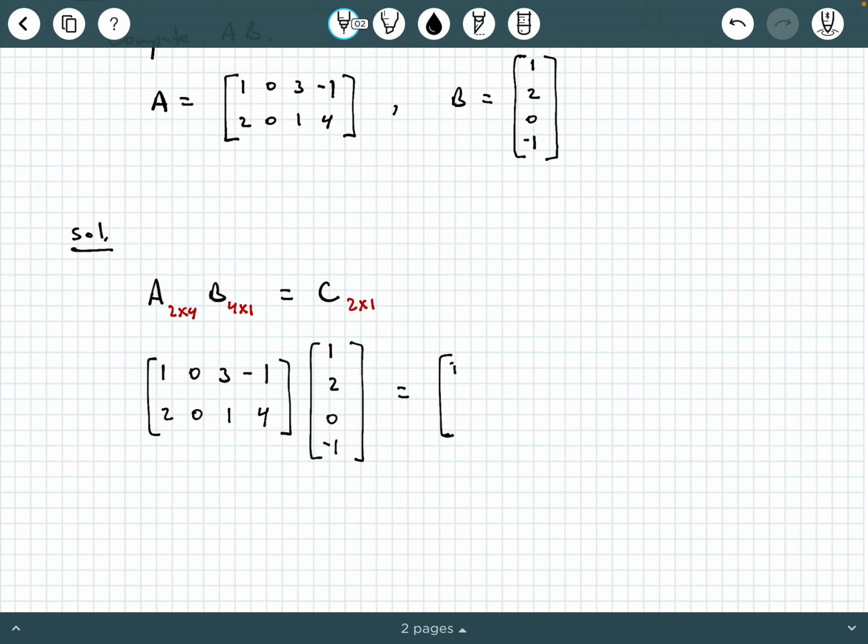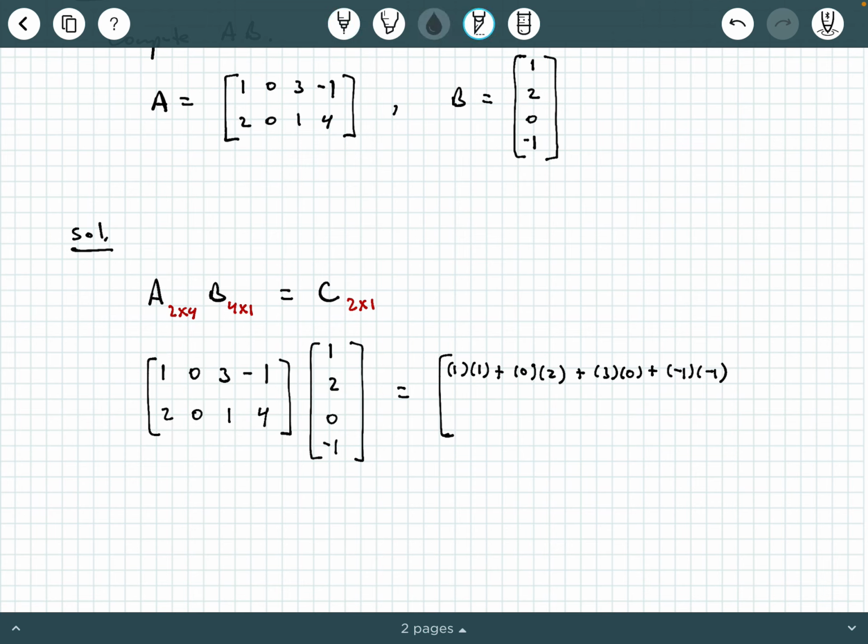So we're going to say 1 by 1 plus 0 by 2 plus 3 by 0 plus negative 1 by negative 1. And all of these things that we're going to multiply and add together in a second are going to be the first entry in the first row and the first column of the product C, okay?